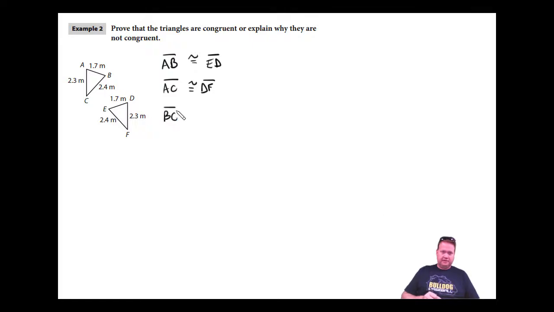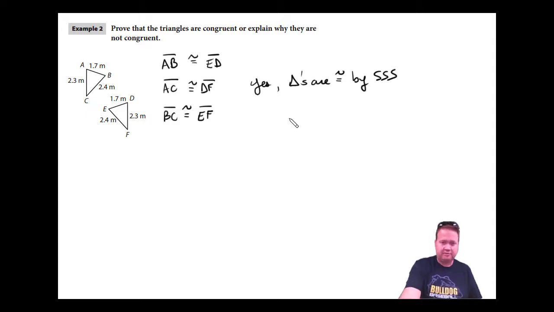So BC is congruent to EF. And so now that I have three pair of sides, yes, the triangles are congruent by side, side, side. Because if I have three pair of sides that are congruent to three other pair of sides, the triangles have to be congruent.